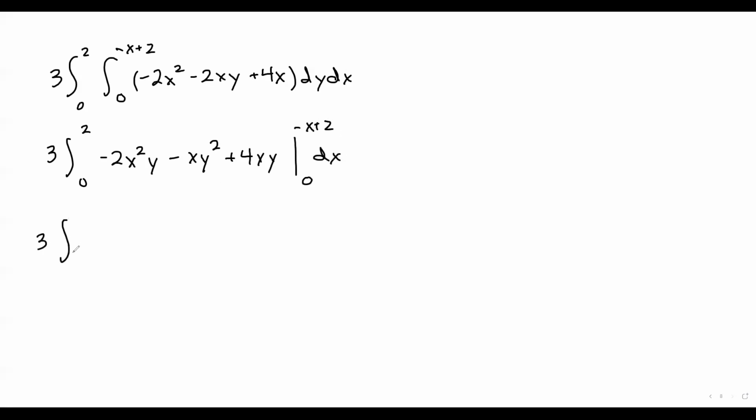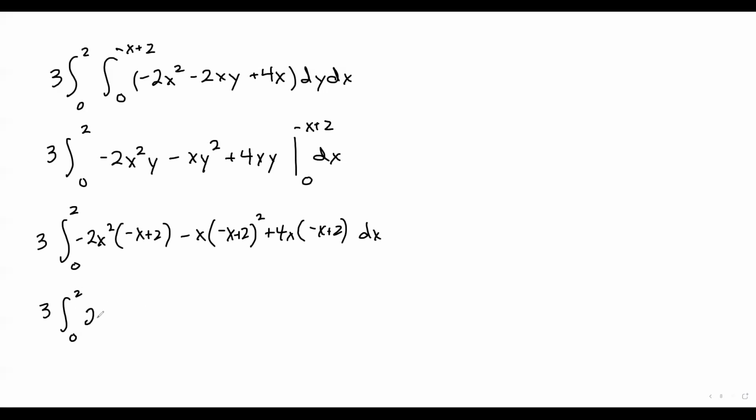And then we'll get -2x squared times (-x plus 2) minus x times (-x plus 2) squared plus 4x times (-x plus 2), 0 to 2. And then we can multiply all that out.